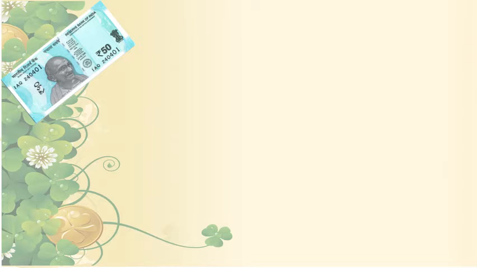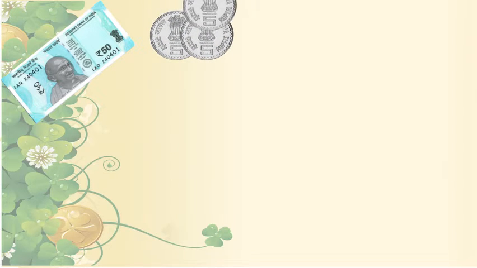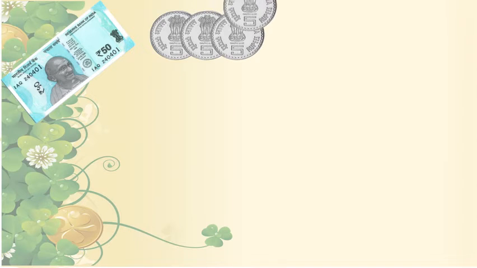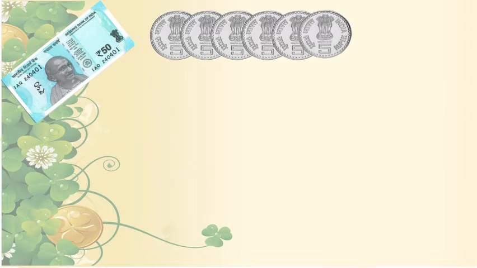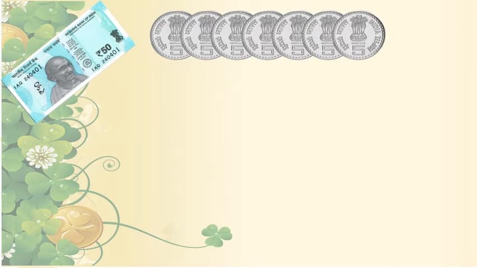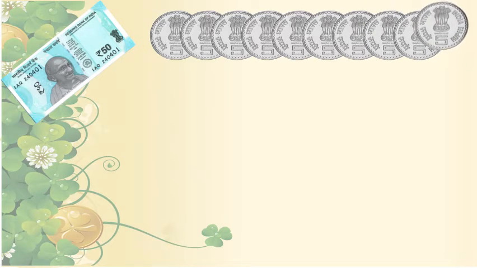We will see here. 1 coin of 5 rupees, 2, 3, 4, 5, 6, 7, 8, 9, 10. Yes, correct it is. 5 tens are 50, isn't it? So I will get 10 coins of 5 rupees in exchange of a rupees 50 note.